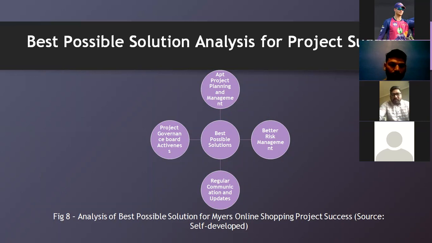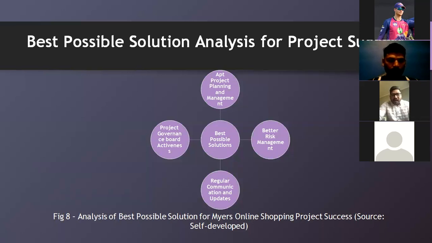And there should be regular communication between the Myers and IBM. Coming to project governance board activities, the project governance board should communicate with the Myers and IBM company so that the project could lead to success.